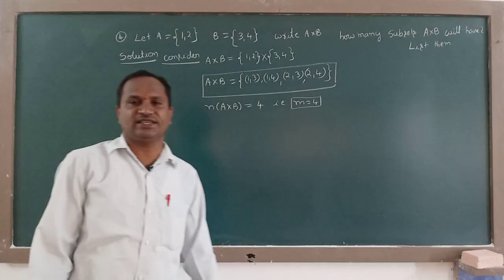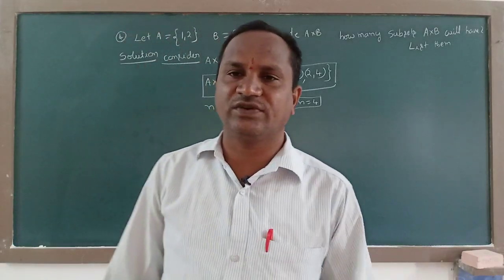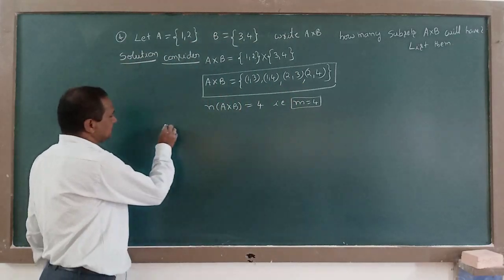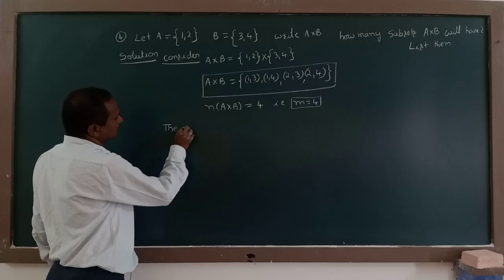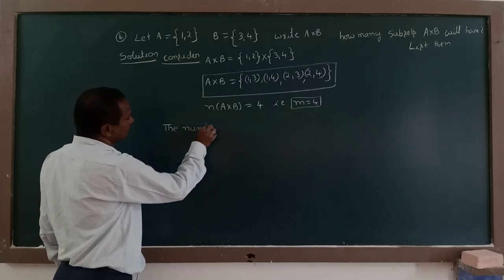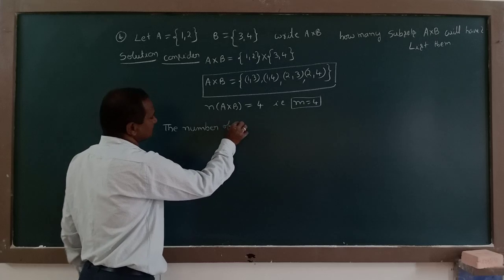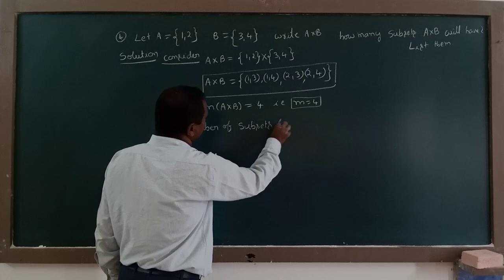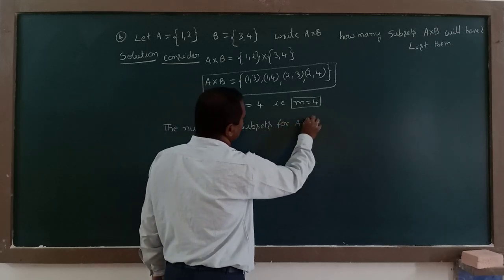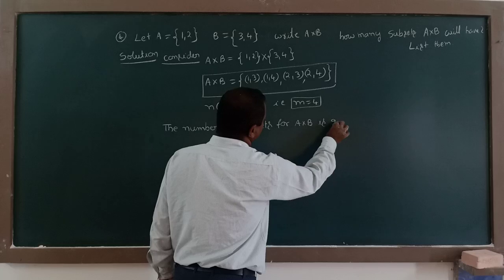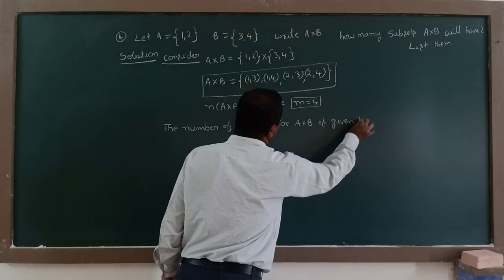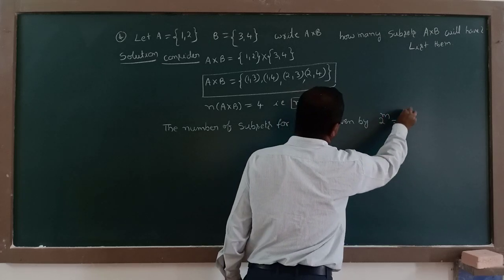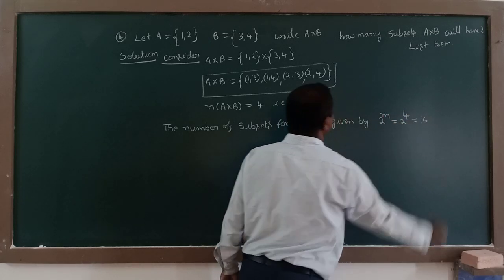Now they are asking about subsets. The number of subsets for A cross B is given by 2 to the power of m. 2 to the power of m means 2 to the power of 4 is equal to 16, so 16 subsets will come here.